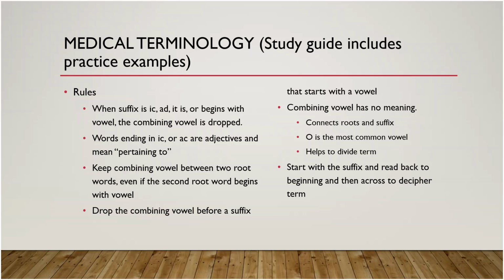If our suffix begins with a vowel, we don't need to add that extra one because we are able to pronounce the ending without it. The combining vowel has no meaning, so it doesn't change the meaning of the word. It just helps with the spelling. So it connects our roots and our suffixes. O is the most common, but we can use I, and it helps to divide terms. So that's going to show us where we break our terms up.